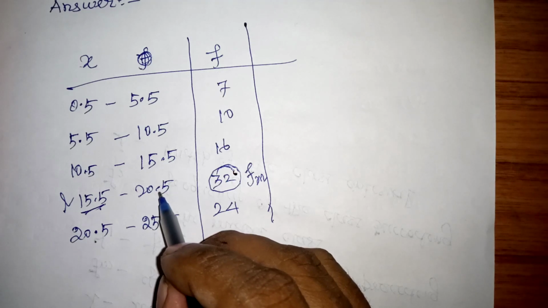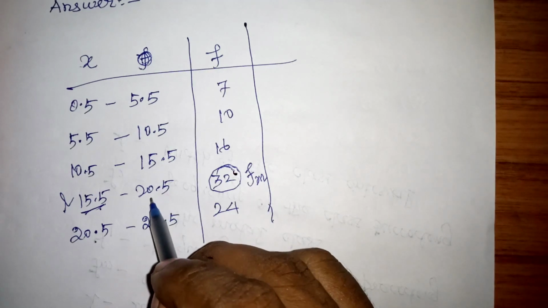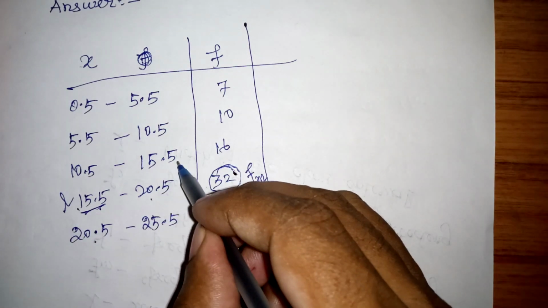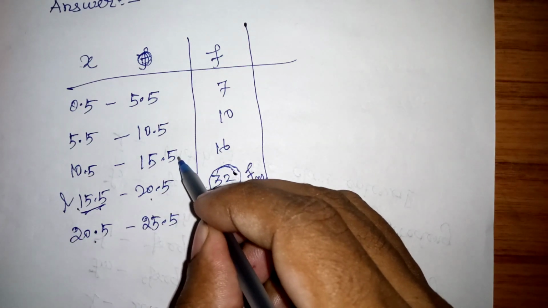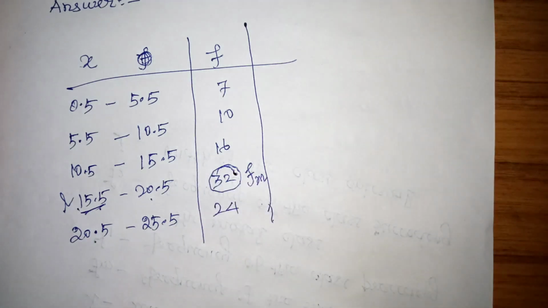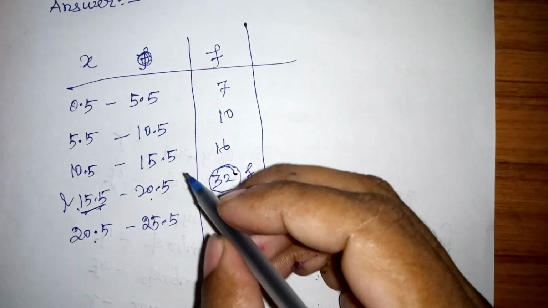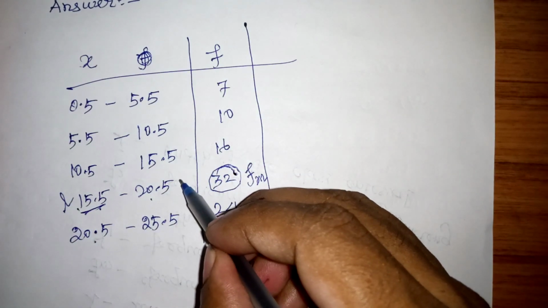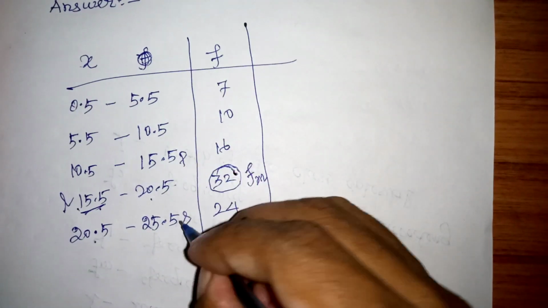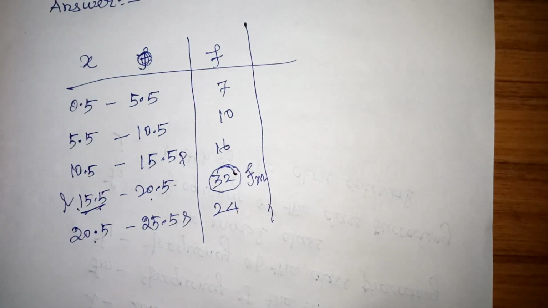Now we need the preceding and succeeding frequency values, F1 and F2.